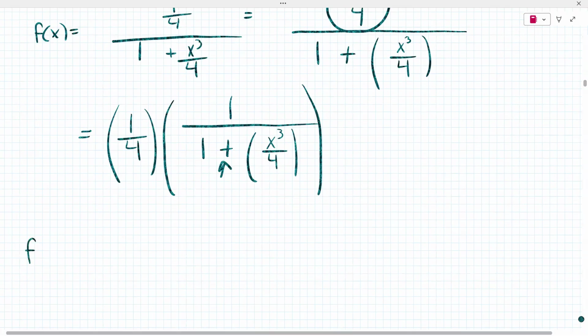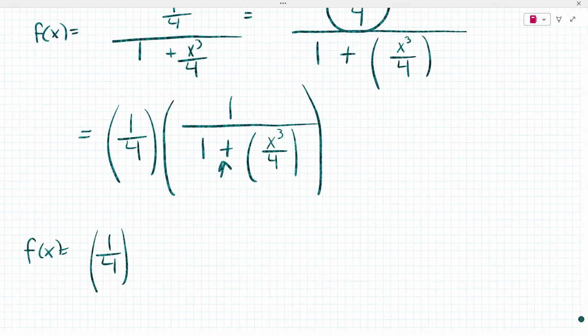So f of x equals 1/4 times 1 over 1 minus negative x cubed over 4.